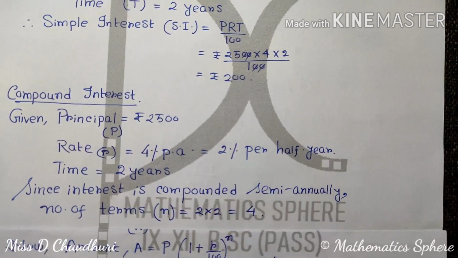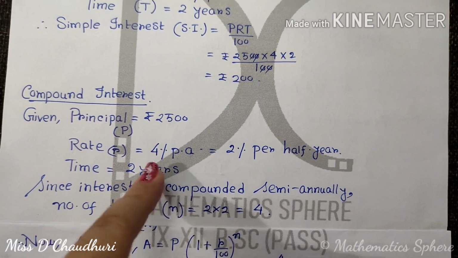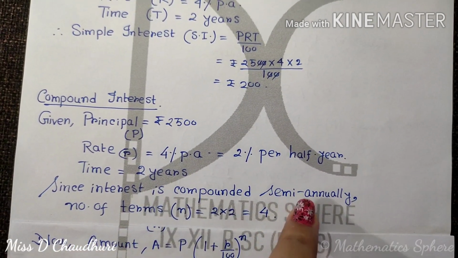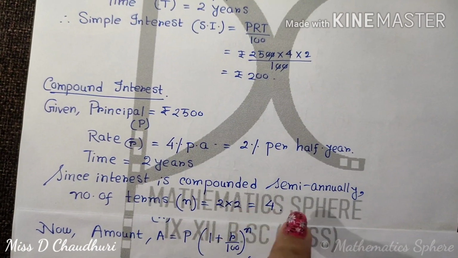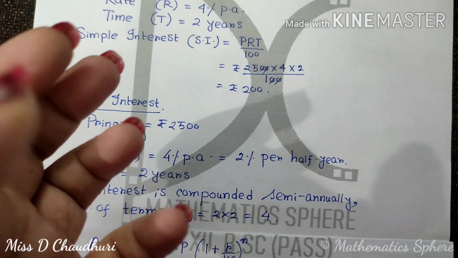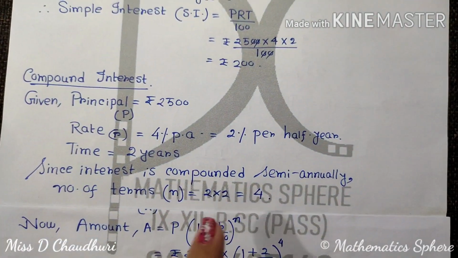We will divide the rate by 2. Okay, the time is 2 years, but n is not 2, because since interest is compounded semi-annually, number of terms n will be 2 into 2, 4, because in 2 years you will get 4 half years. No, in 1 year if there are 2 half years, in 2 years there will be 4 half years. So n is 4.